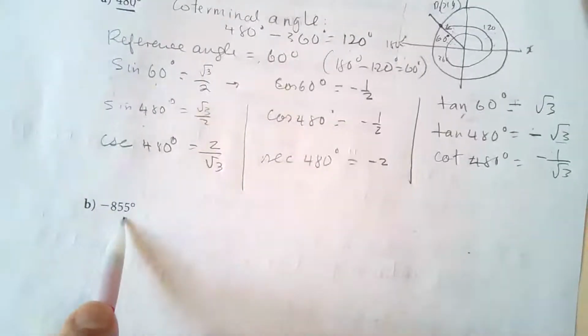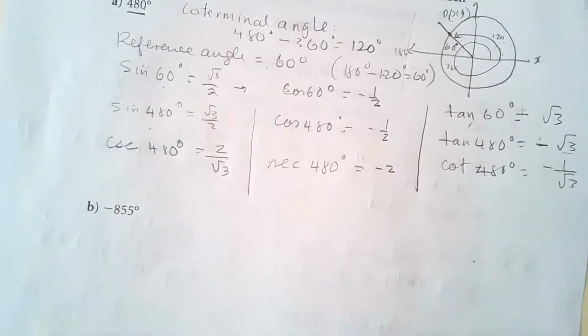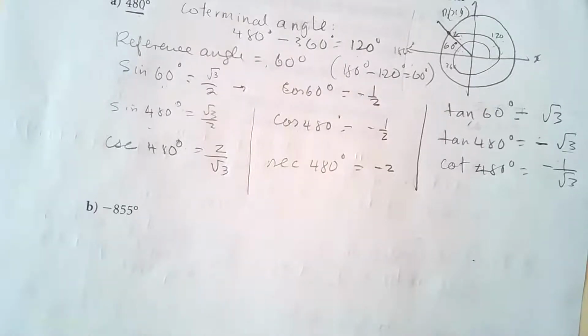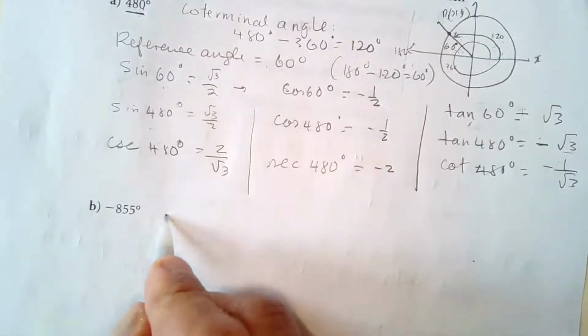The next one is 855 degrees. So a coterminal angle, if you were to do a series of concentric circles, will be 225 degrees. Okay, so I'll let you try that one, and I'll just write the results here.